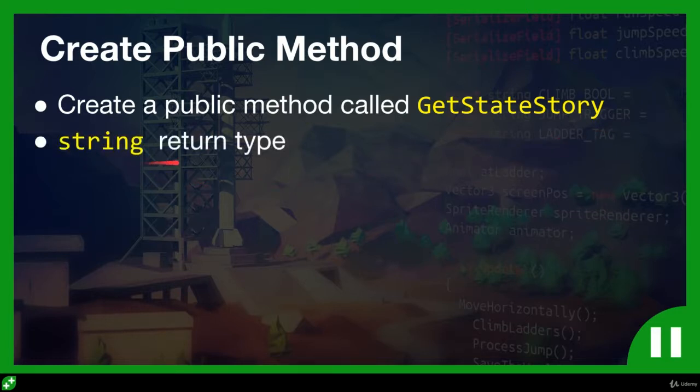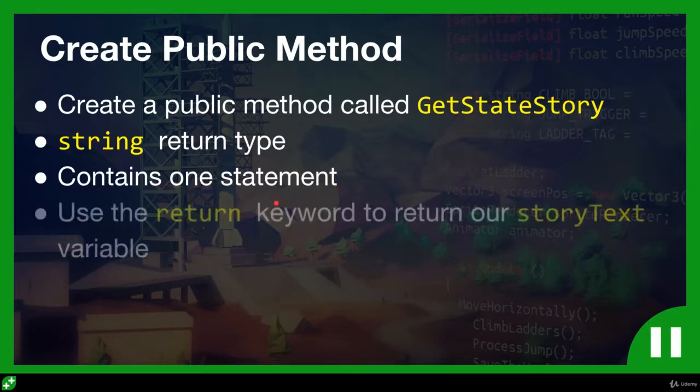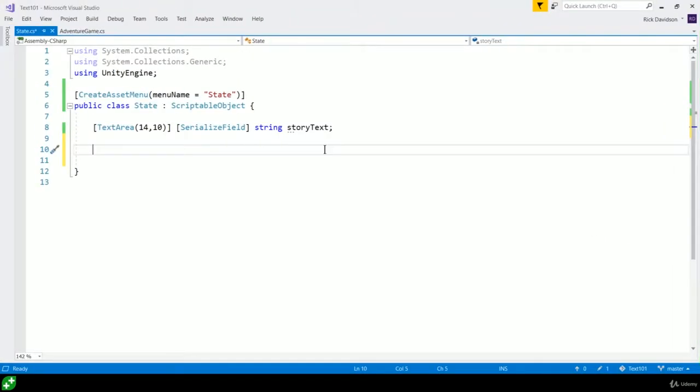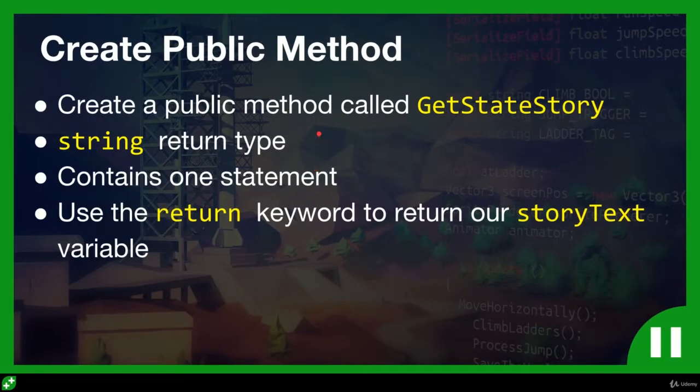Use the string return type, and it will contain one statement, which will use the return keyword to return our story text variable. We've already created our story text variable here, so that is what we want to return. So go ahead and create this method. It should be public, string return type, and within the curly braces, it's returning story text. Give that your best shot using what we've talked about in this lecture, and I'll show you my solution when we're back.